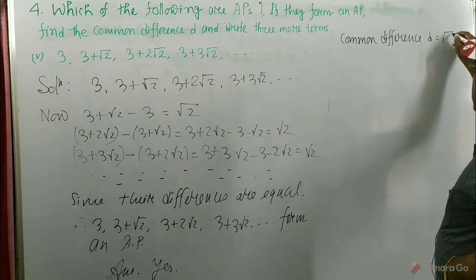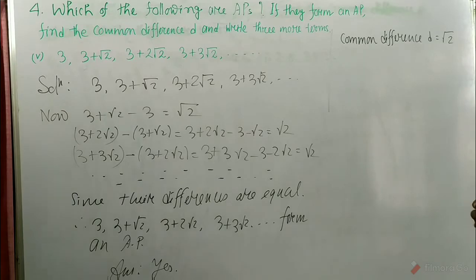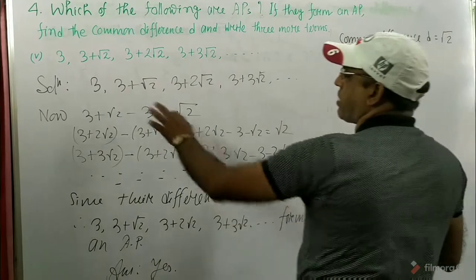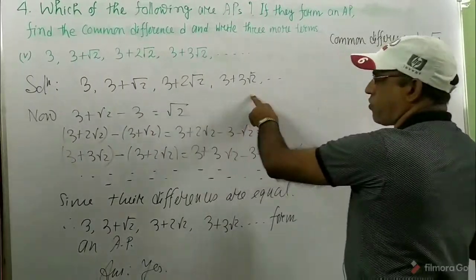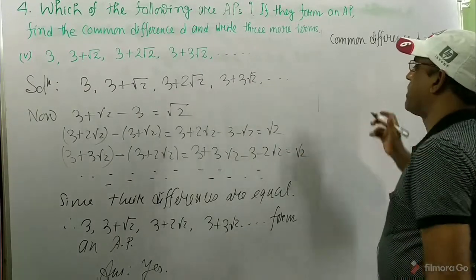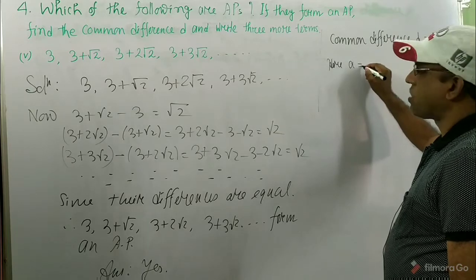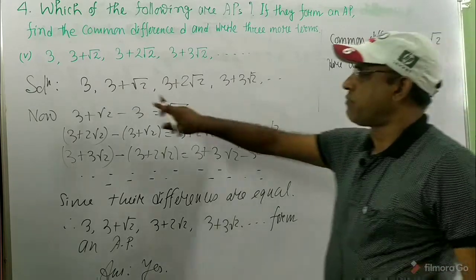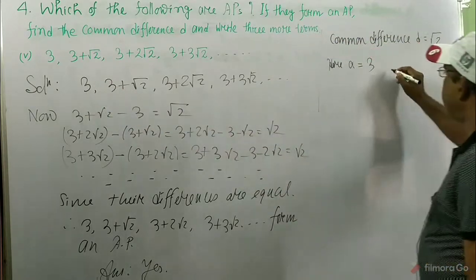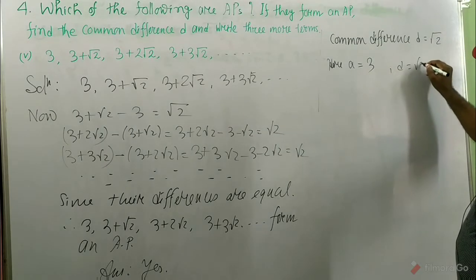Next we have to find the remaining three terms; four terms are given. What are the remaining three terms? Here a, the first term, is 3, and d is root 2.